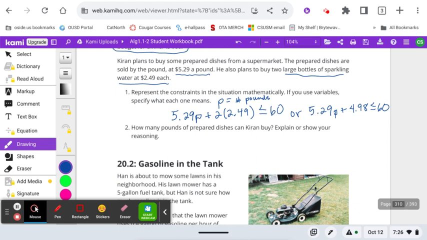So here's where we're actually going to solve the inequality that you wrote. On this upcoming exam, we're expected to be able to write an inequality and then solve it to see possible solutions or the solution set that fits within that constraint. We're going to subtract the 4.98 from 60 on both sides. So grab that calculator.